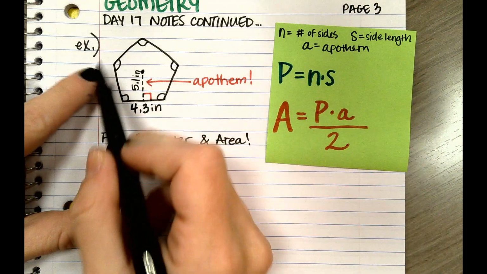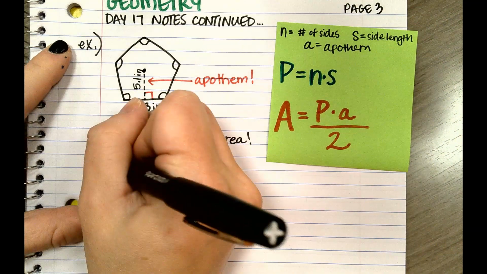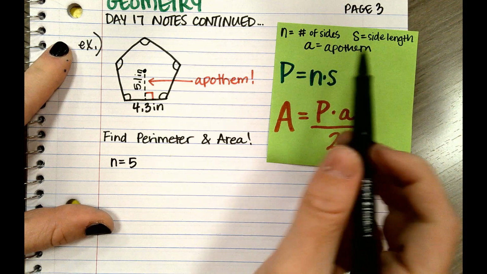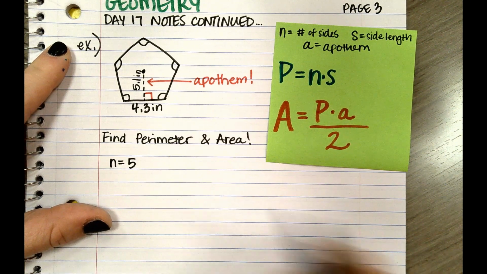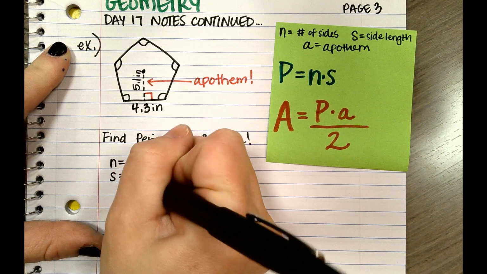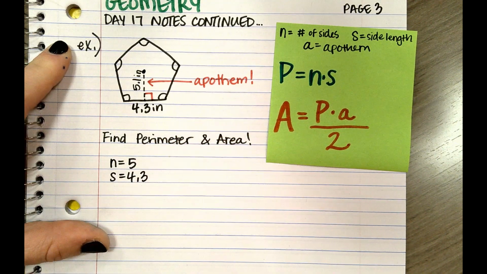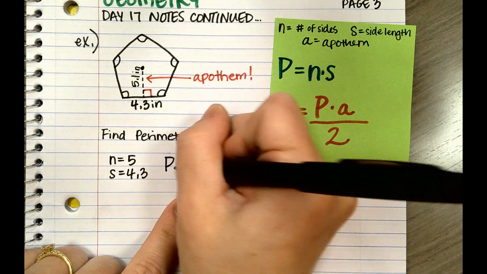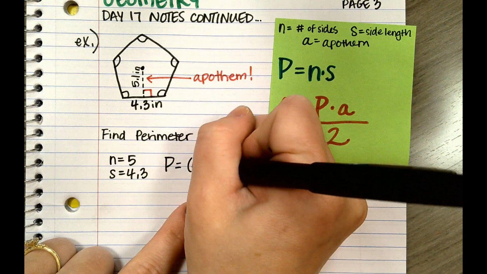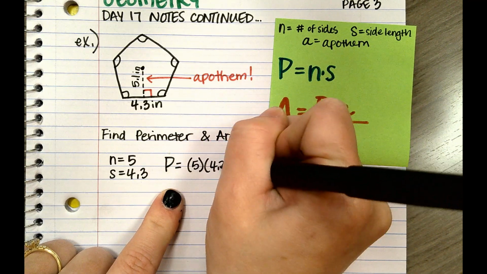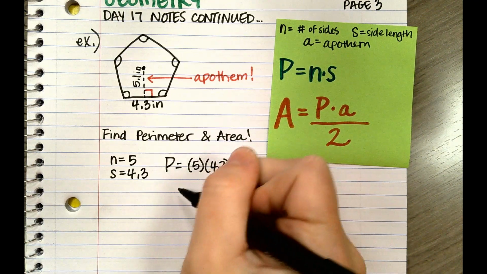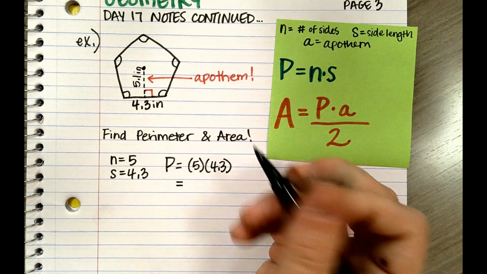Yes, 5 is our number of sides, and S, our side length, is 4.3. So we can just do N times S, 5 times 4.3, or 4.3 times 5. Either way will give you the same answer, 21.5. Good.